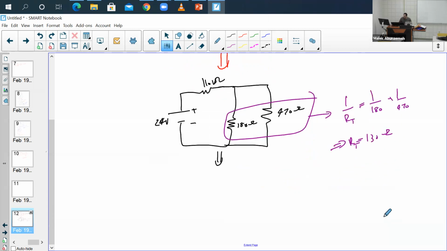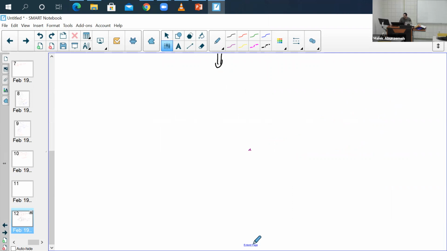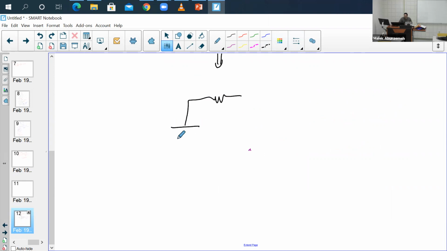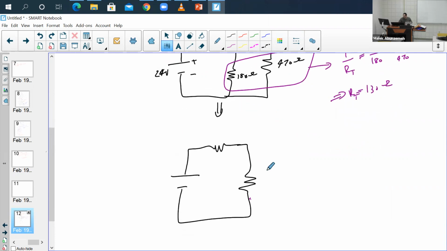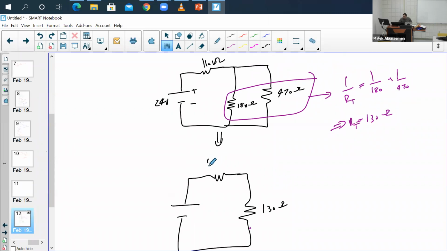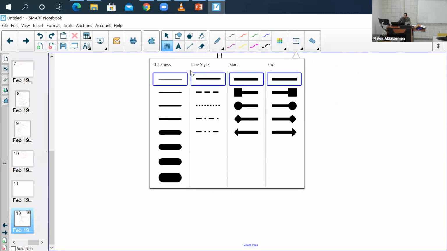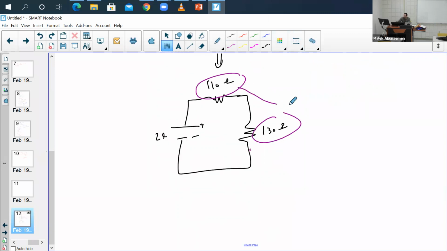So we can redraw this circuit as a simple one. This will be 130 ohms along with our 110 ohms and the 24 volts. Now, we have these two in series.